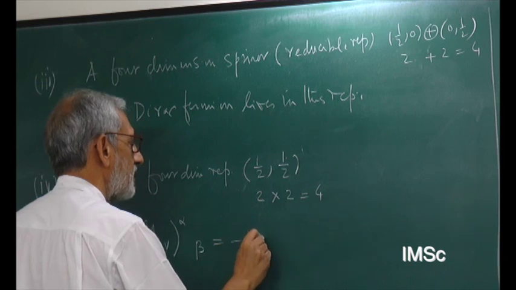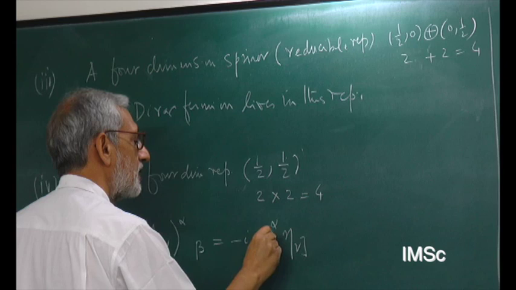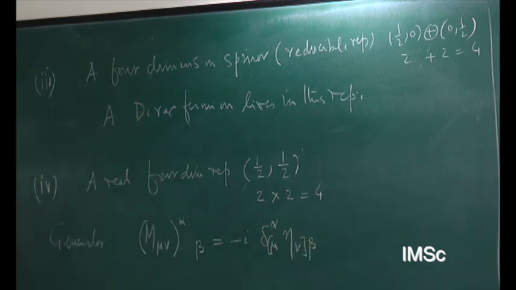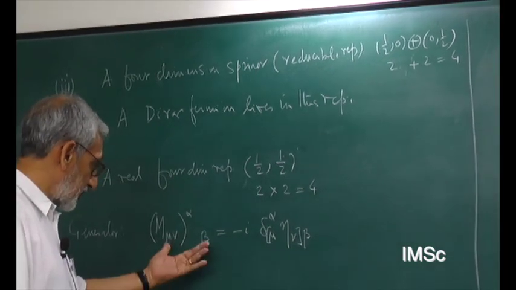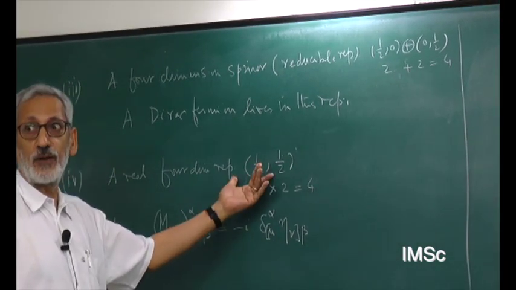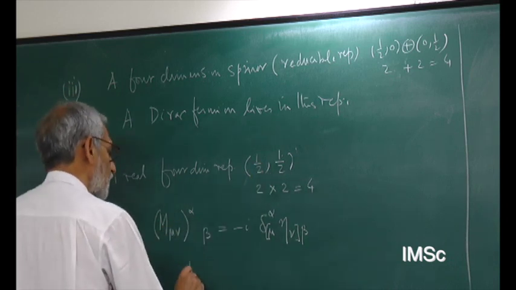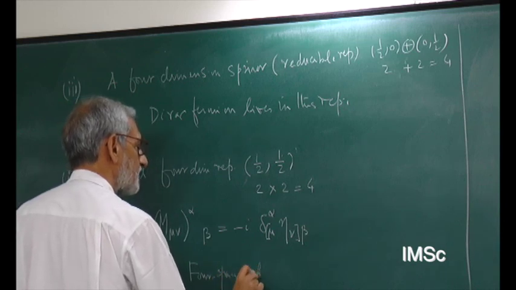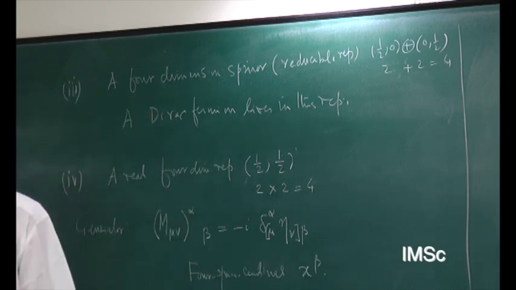It is minus i delta mu alpha eta nu beta, antisymmetrized in these indices. So the Lorentz group acts through generators of this kind on this 4-component representation. The 4 space-time coordinates x beta correspond to this representation.